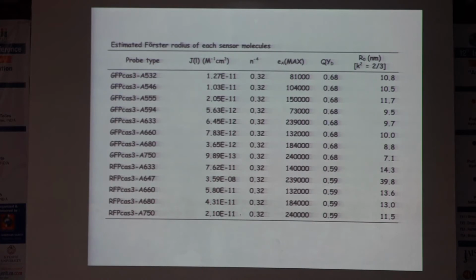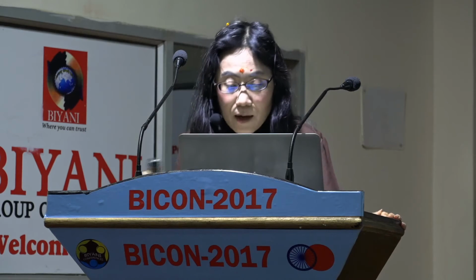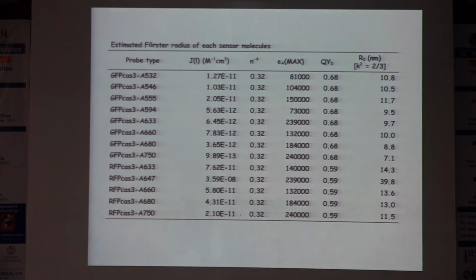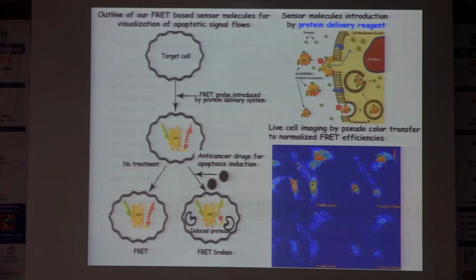Here is a calculated table of Förster radius R0 of sensor molecules for caspase-3 detection, shown in the previous slides. This number with prefix A represents very popular fluorescent dye types, commercially available. Almost all combinations have a large Förster radius, meaning a guarantee of efficient FRET in any combination.